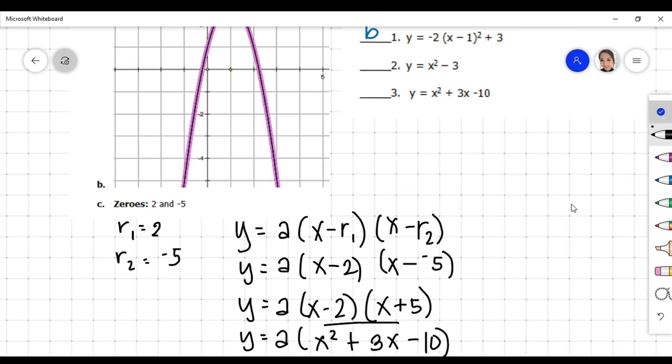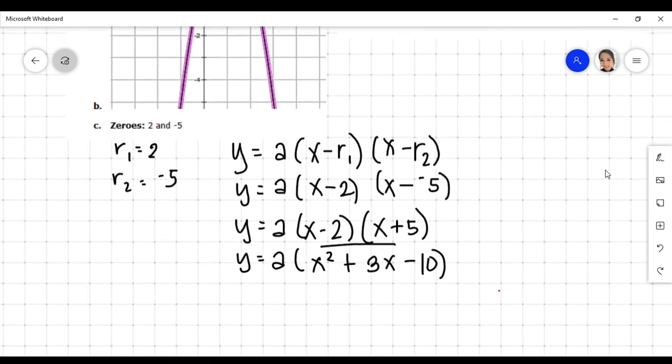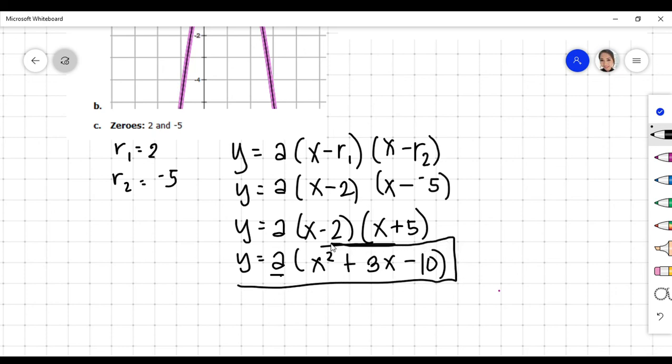Okay, again, a is any non-zero constant, so a could be 1, or a could be 2, a could be negative 1. So it represents any non-zero value. So this will be the equation for our quadratic function if we have the zeros 2 and negative 5.